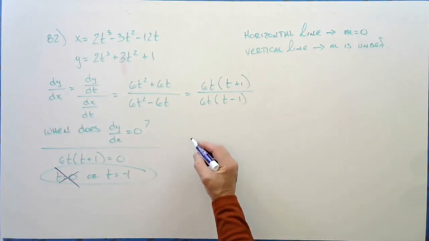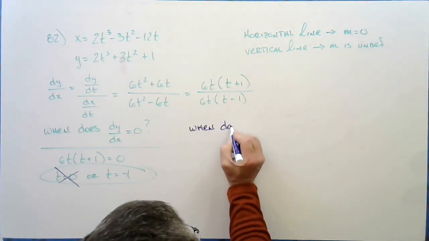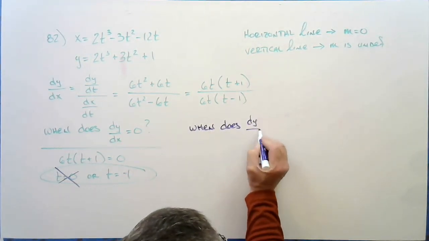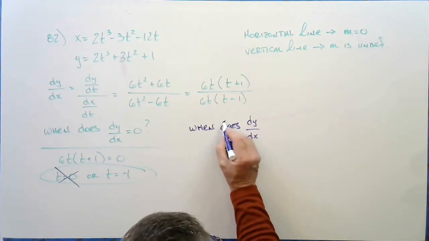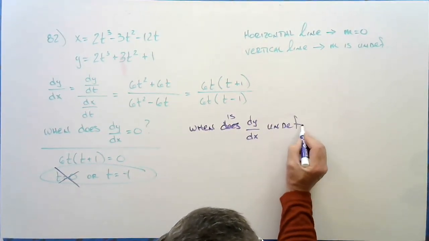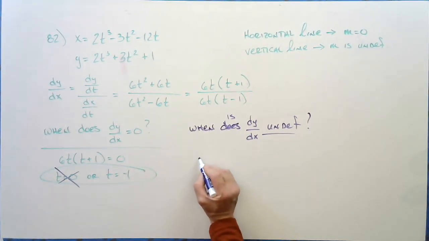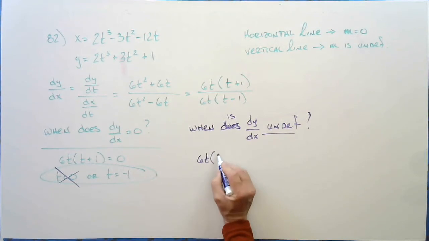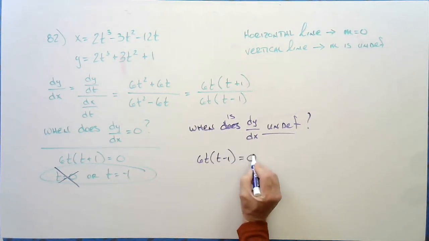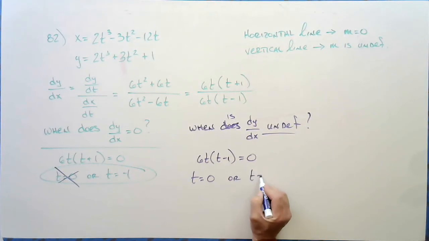Now, the other part of the problem asks, when is dy dx undefined? Now, to do this, typically you would set the denominator equal to 0. So you would get 6t times t minus 1 equals 0, and that would give you t equals 0 or t equals 1.